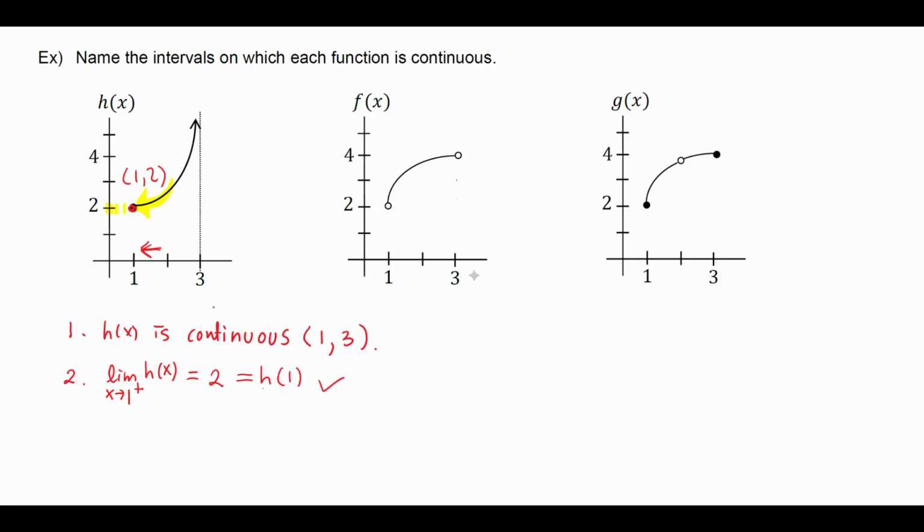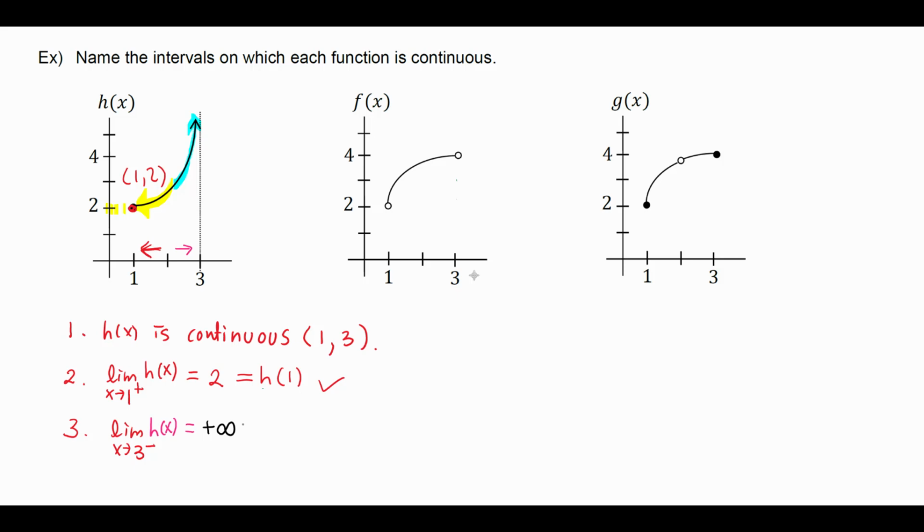So yes, this function is continuous at 1. Now how about the other endpoint 3? What is the limit as x approaches 3 from the left? This time we can only go from the left, right? So from the left of h of x, get closer, closer, closer to 3. Oops, where is it going? It's going to infinity, and infinity is not a number. We say the limit does not exist.